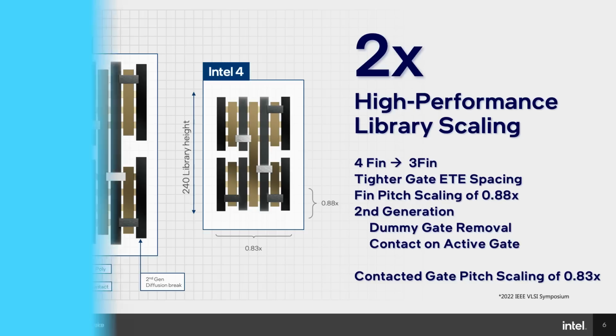So it's like you're reducing your area, right? Yes, now it's directly on top, so it's less area. Exactly. A contact was sitting out here, here's the gate, and then I can drop it right on top of it. So then I chop the cell at the edge now. We also were able to pitch scale both the fins and the gates.